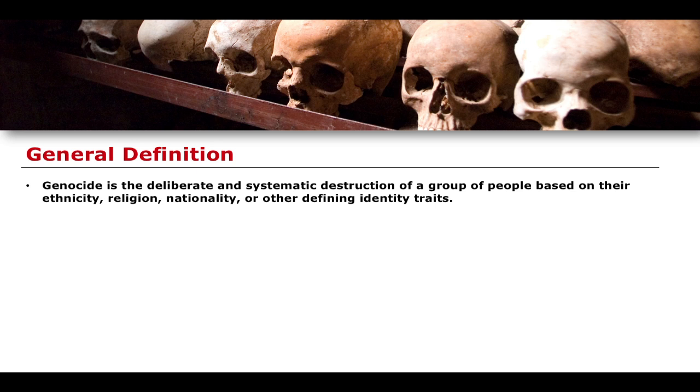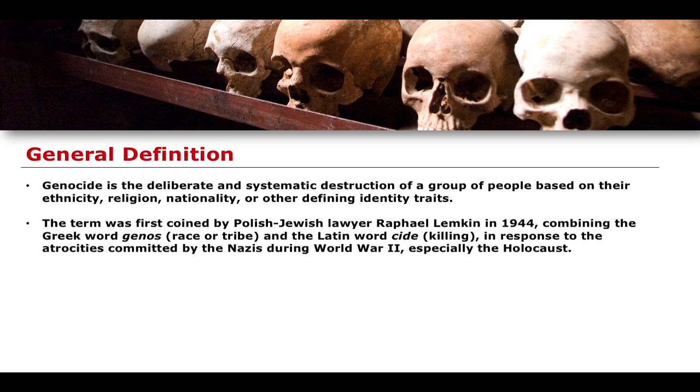But the main focus of the Genocide Convention is this idea that these people are trying to destroy a group, and that group is defined by ethnicity, maybe religion, maybe nationality. But whatever it is defined by, the point is that we're talking about groups.